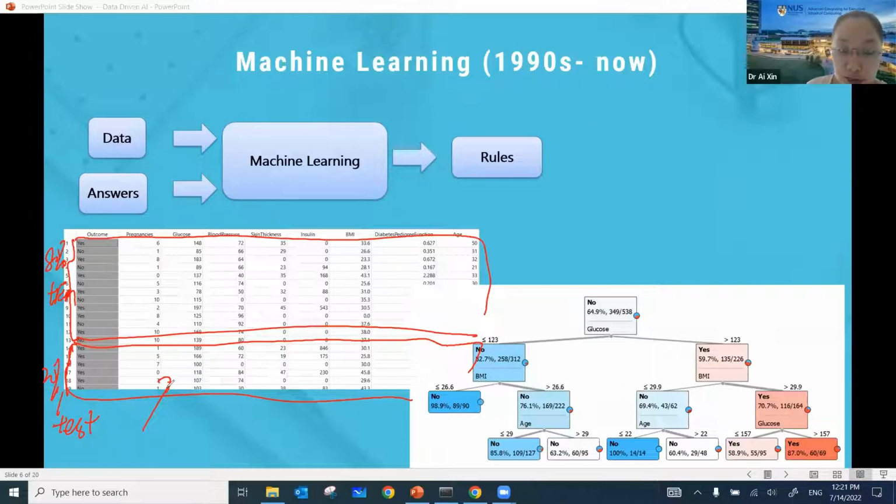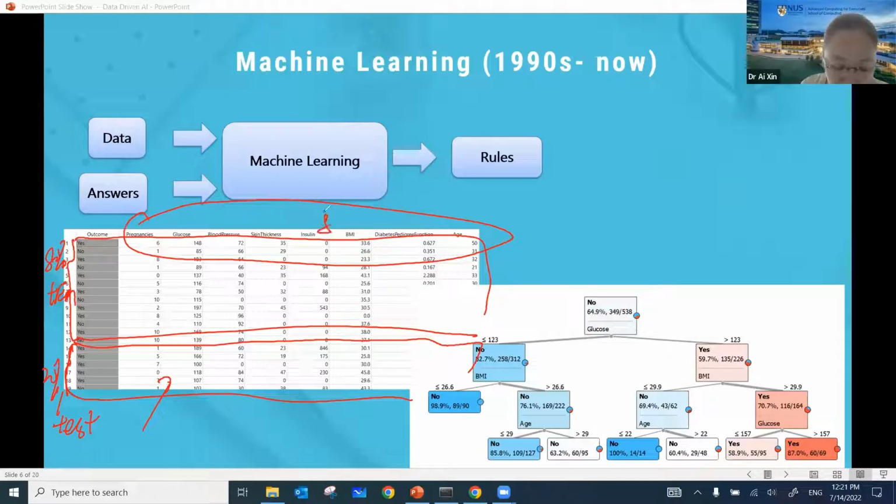For the first question, how much data? Generally, if your data is good quality and relevant, the more the better. But data collection is a very expensive activity, right? So it depends on your problem. Down here I have around 8 features, and based on these 8 features, I'm trying to predict whether a patient has diabetes or not.